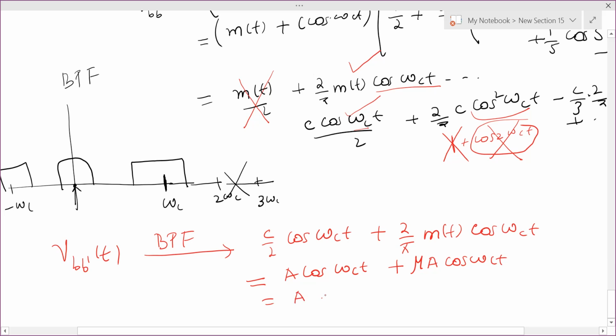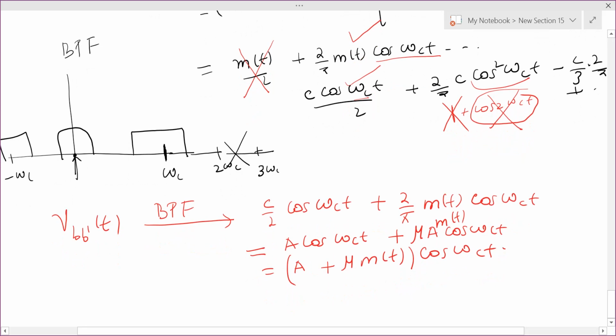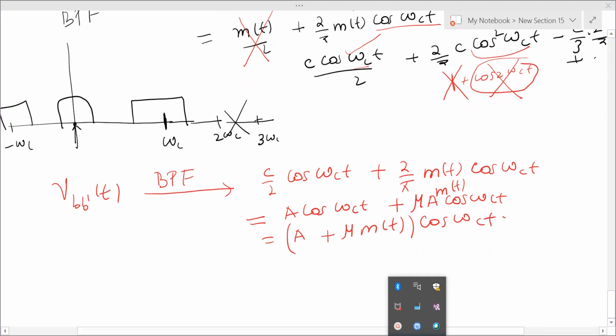So we can write it as a plus mu m of t times cos omega ct. Other terms will be suppressed by the band pass filter. So, a very simple design. This is the modulator for AM signals.